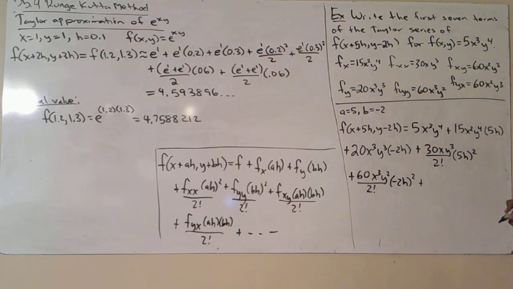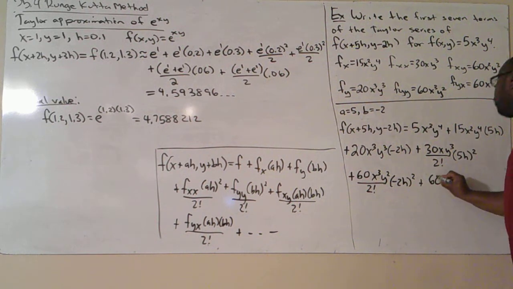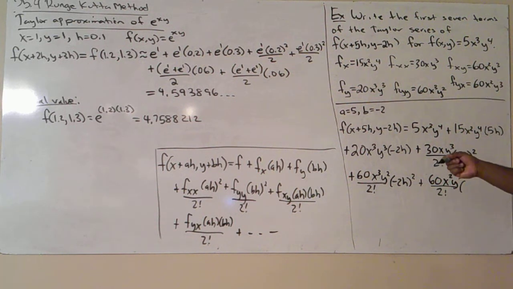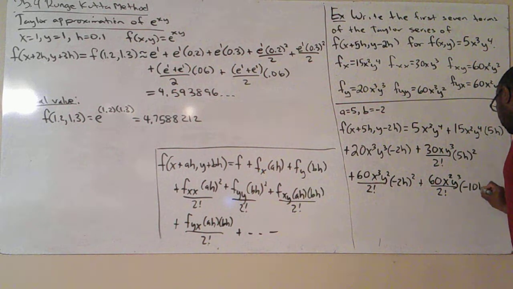Plus, if I wanted to, I can combine them together into one big fraction, but I always forget something, so I keep them separate so I always remember to write every single one. 60x squared y cubed divided by 2 factorial, and that's -2h times 5h, so that gives me a -10h.